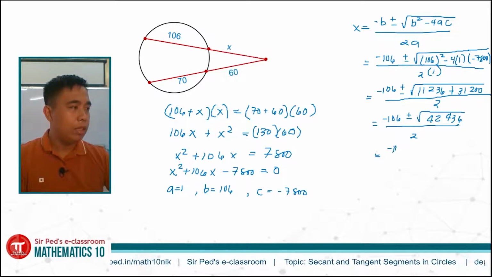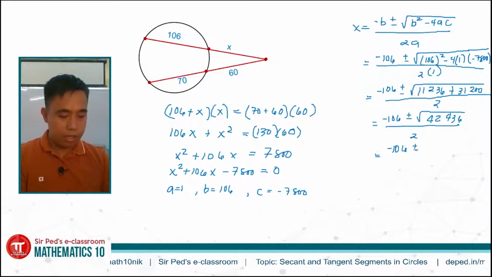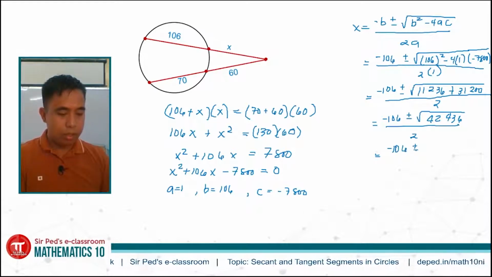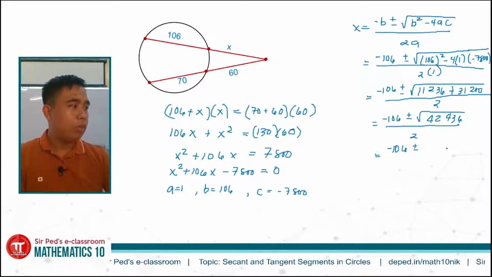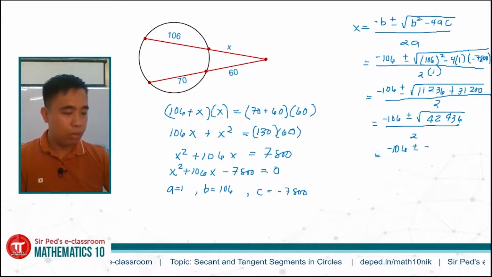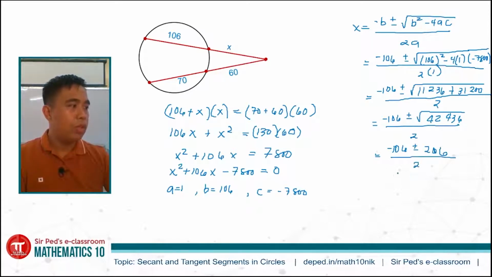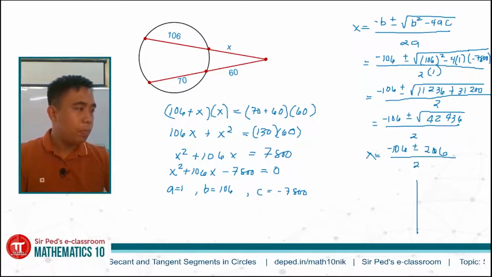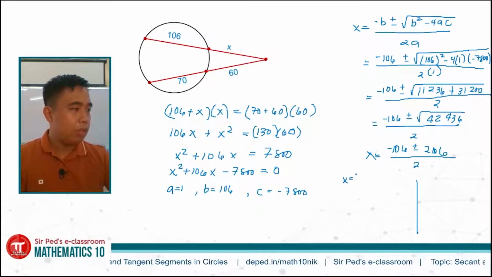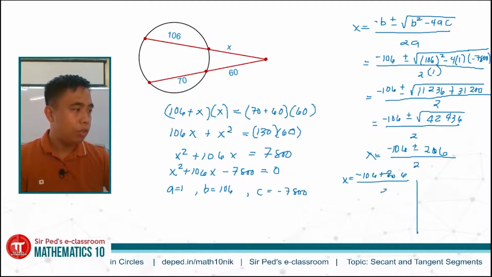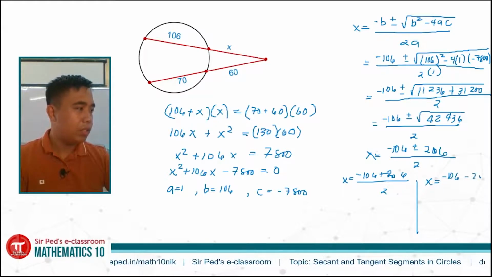So, negative 106 plus minus, get the square root of 42,436, that is equal to 206 over 2. So, we can separate the 2. We can write it as x is equal to negative 106 plus 206 all over 2. And then x is equal to negative 106 minus 206 all over 2.